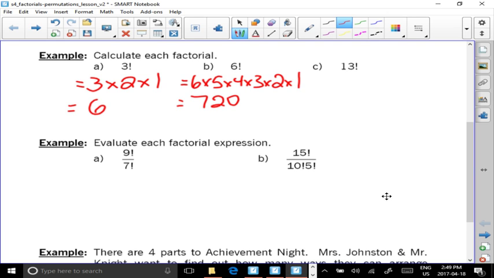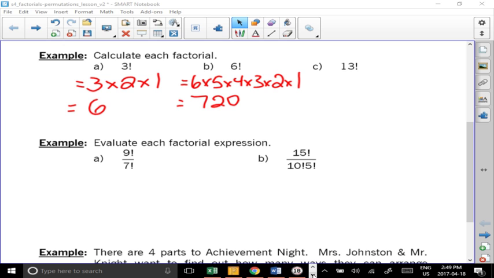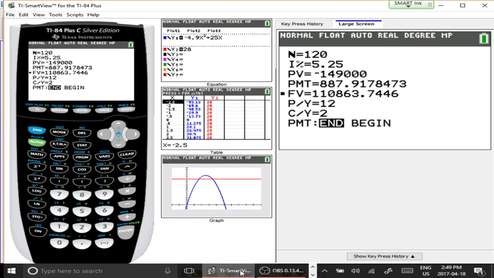You'll see that factorials get pretty big pretty quickly. So we're not even going to try to figure out what 13 factorial would be. Instead, we're going to look at how we would figure it out using the graphing calculator. You'll want to go to a fresh screen.